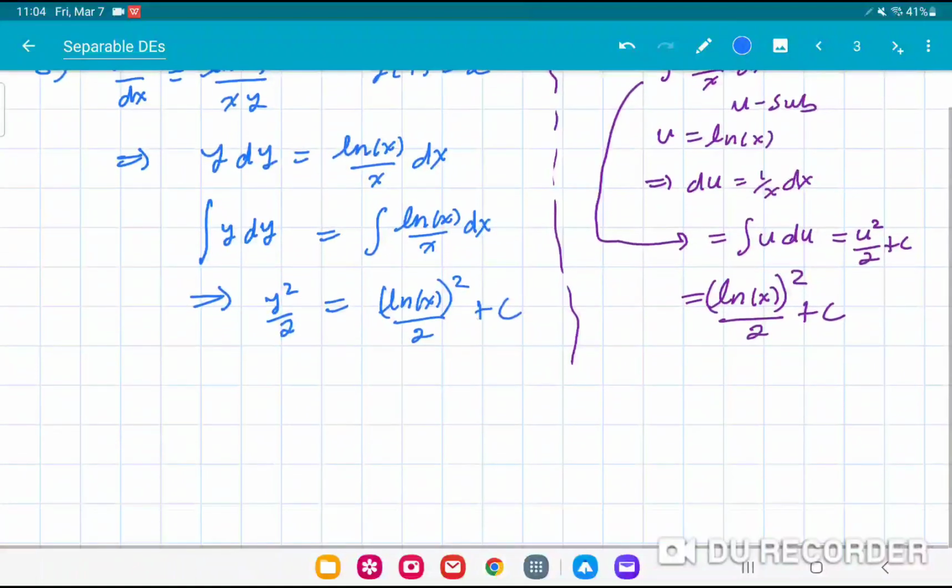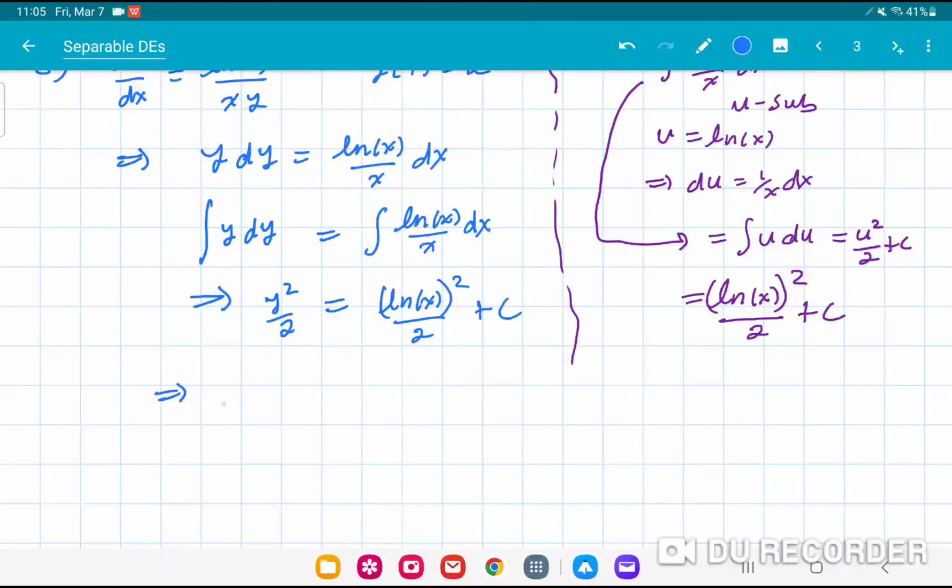Just like what we did earlier, we're going to solve for y. So y squared is, multiply everything by 2. Let's put c1 here. So I'm going to multiply everything by 2 to get natural log of x quantity squared plus 2c, which is another arbitrary constant.